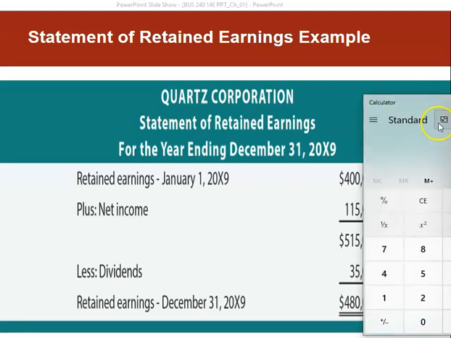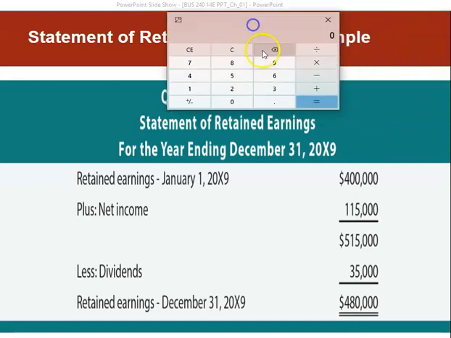Well, let's think about this. 100,000 times 10 is $1 million. But here we have only 400,000. Because even though they've made $1 million over this hypothetical 10-year period that I'm giving you as an example, they've only retained 400,000. They've paid out $600,000 in dividends to owners. Owners don't just invest in businesses for their health. They expect to get something back.